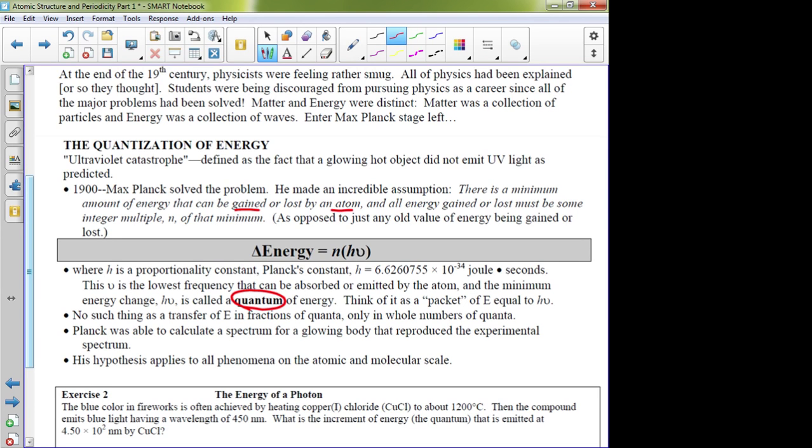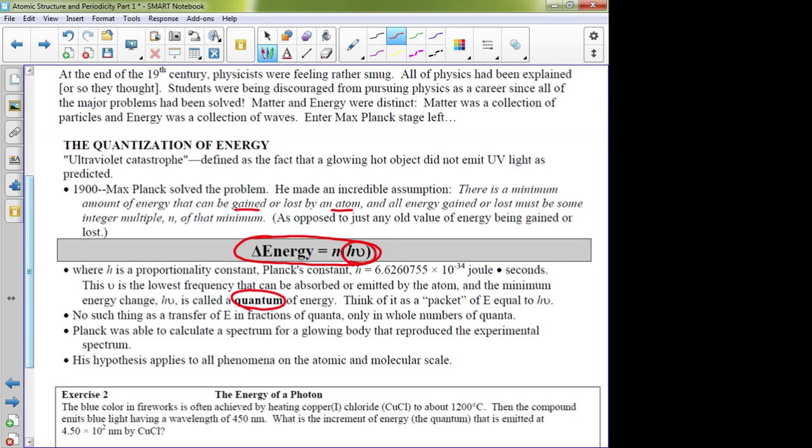However much it gains, it can also lose. He came up with the equation change in energy is equal to N times this packet of energy, where N is just a whole number.